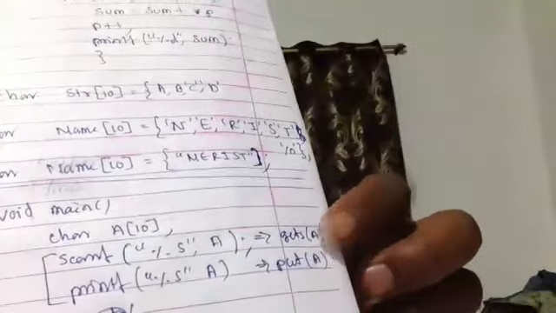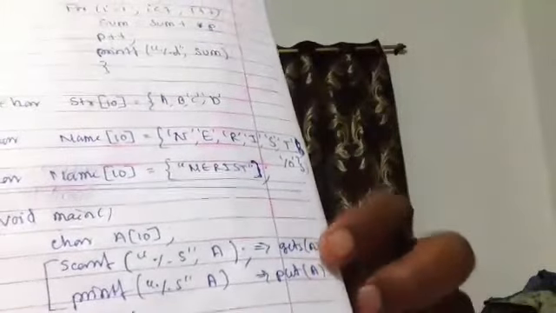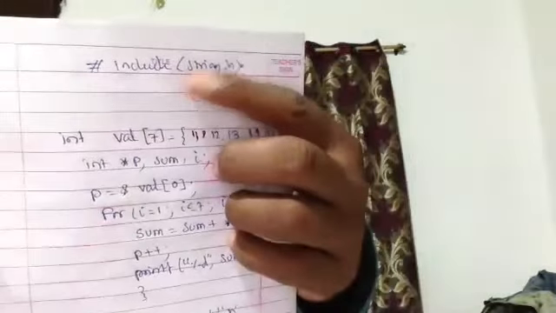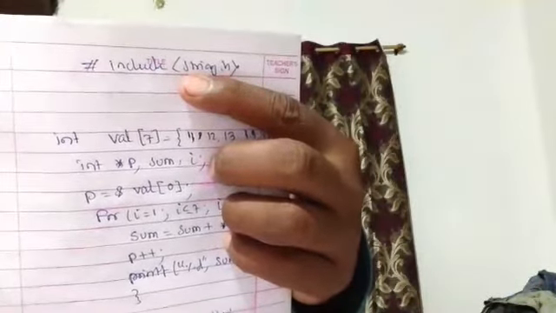And you see, for this we are not writing any program. This is called built-in function. And for this built-in function, you have to go for this header file. If you don't put this, then you can't implement this function.